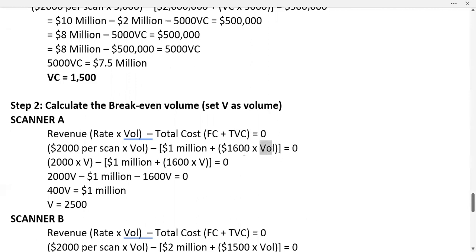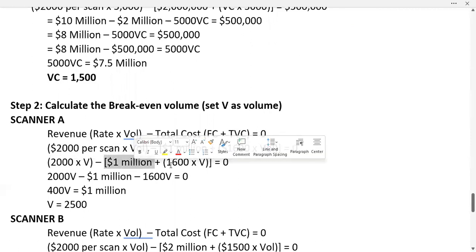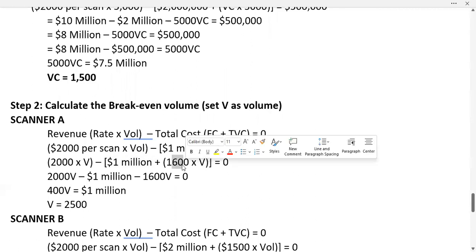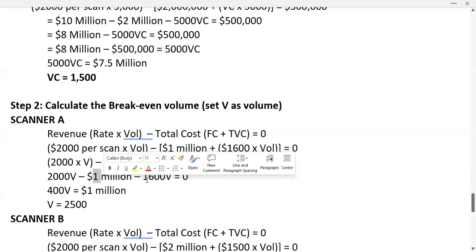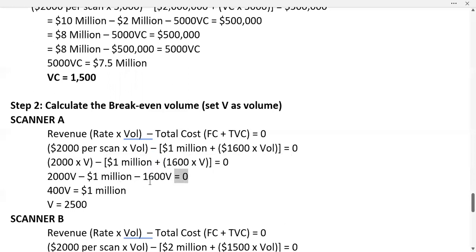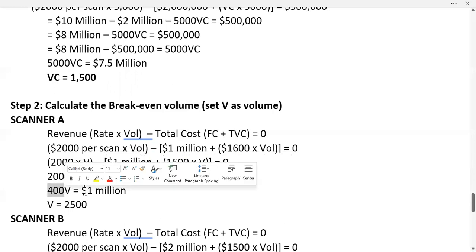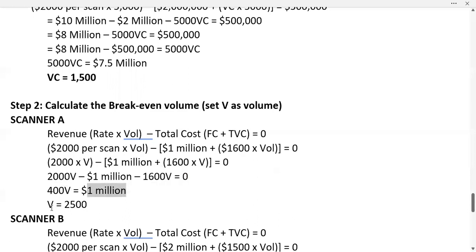So 2,000 times V minus $1 million for the fixed cost plus 1,600, the computed variable cost for scanner A, times V equals 0. So 2,000 V minus $1 million minus 1,600 V equals 0, and so we get 400 V equals $1 million. We therefore calculate V equals 2,500, which means the break-even volume here is 2,500 patients.